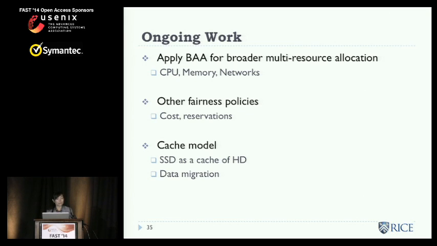Another possible future work is to implement a cache model in which the SSD is a cache of the HD. And of course, it will involve data migration between the devices and so on.